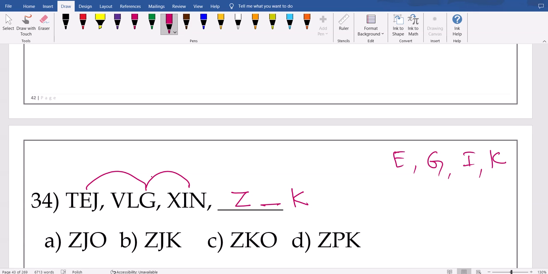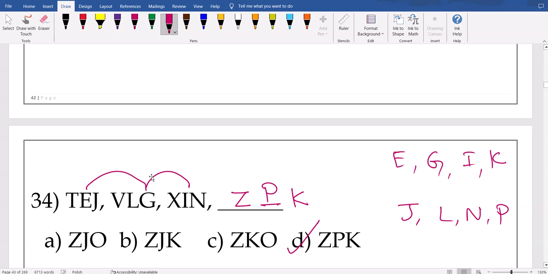Whereas the other one, J, L, N, P. J last, L middle, N last, P middle. The last two they shuffle. As everybody is following the logic like second letter separately, third letter separately, they are putting this type of questions, shuffling that. E middle, J last. I middle, K last.